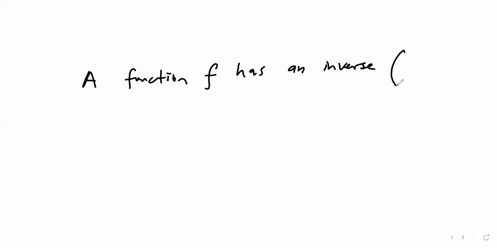Okay, so then we can say that a function f has an inverse, which we denote by this notation, f inverse. It's not a reciprocal. It's not 1 over f. It's just a notation.